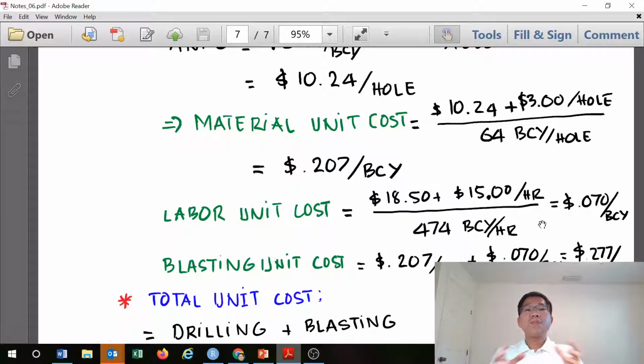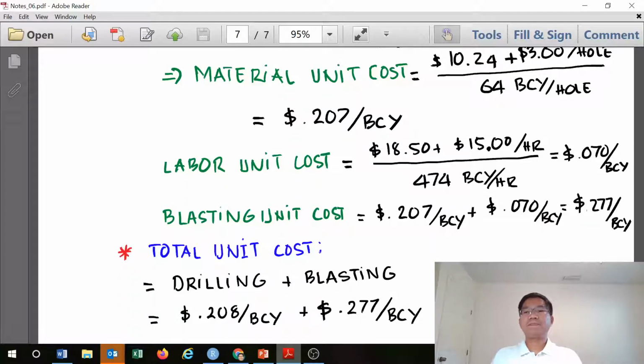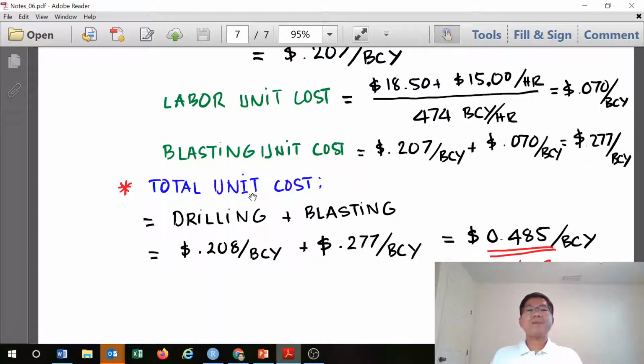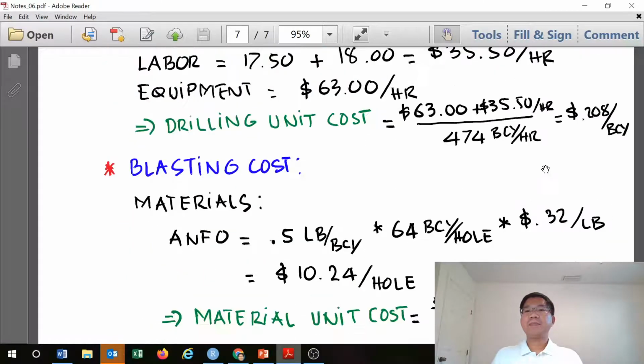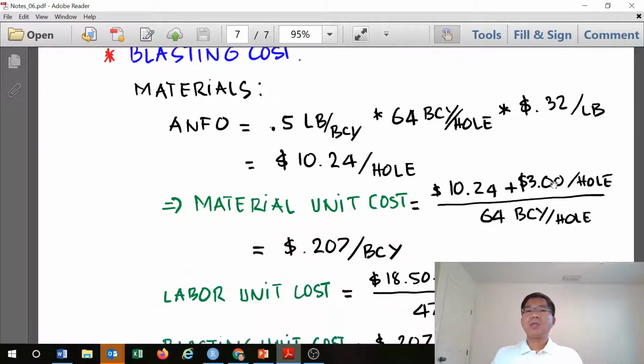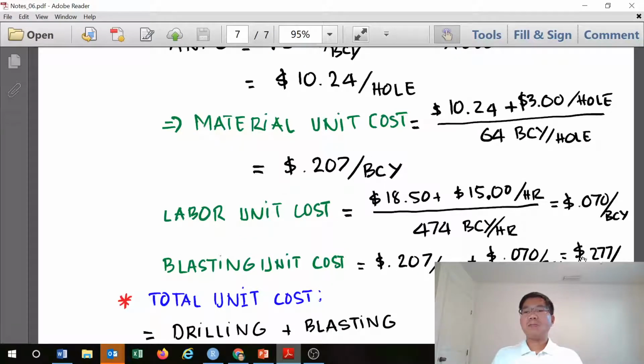So the total blasting unit cost is equal to material plus labor. So we have 0.277 per bank cubic yard. So from that, we have the total unit cost, including the unit cost for drilling, 0.208 dollars per bank cubic yard, and the unit cost for blasting, 0.277 per bank cubic yard.